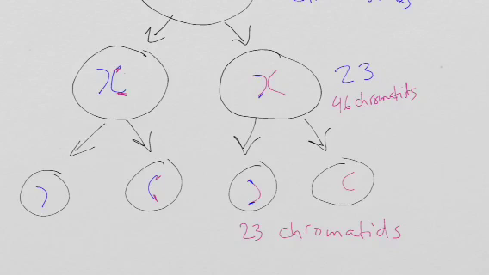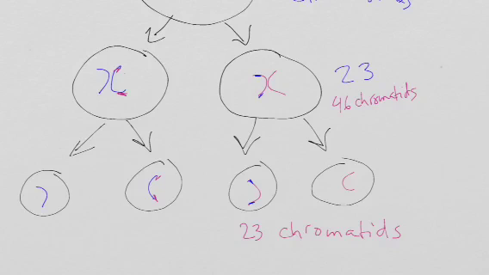Now, if we have a non-disjunction disorder, which is what you actually have been working on, we looked at examples of Down syndrome. We looked at examples of Turner's, Klinefelter's, Patau syndrome, and Edwards syndrome.